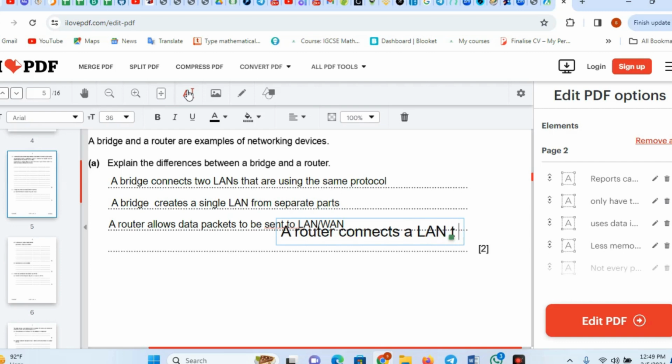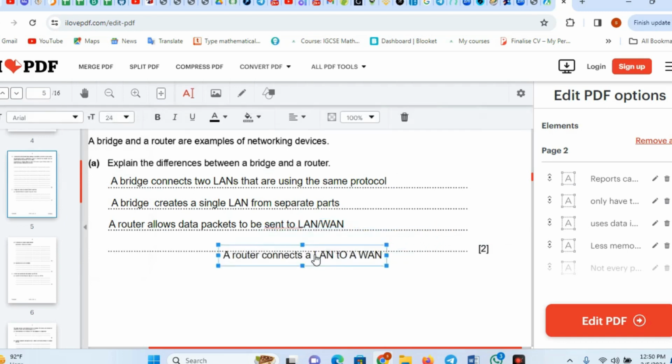To a WAN. That's another important difference between bridge and router. Are we following me?